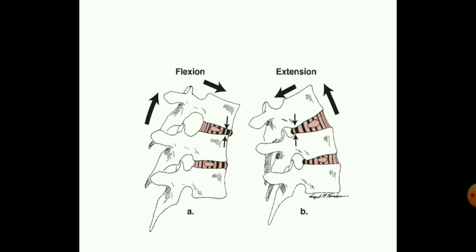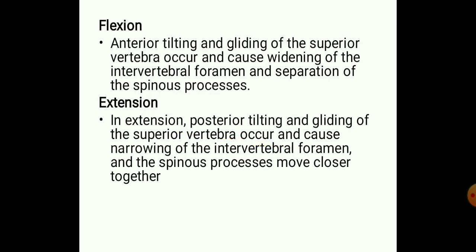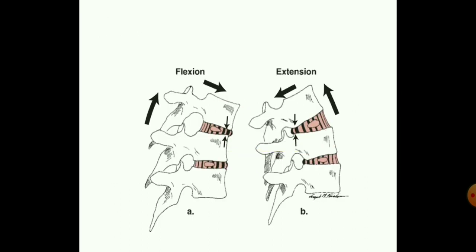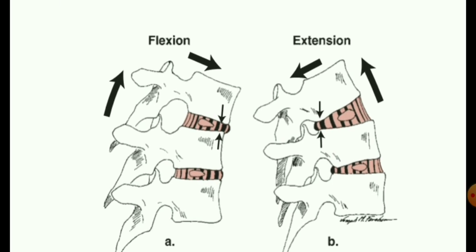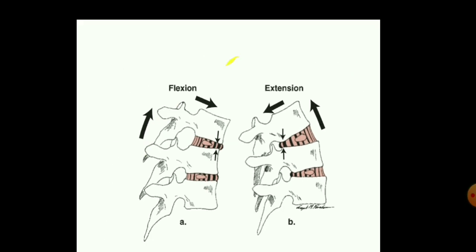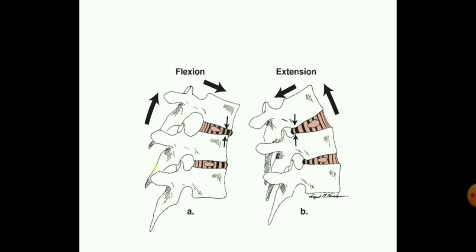So this is what happens during flexion and extension. During flexion, there is an anterior tilting and an anterior glide. What happens during flexion? These are the two spinous processes, and they move apart from each other.